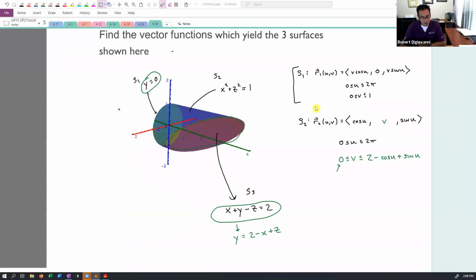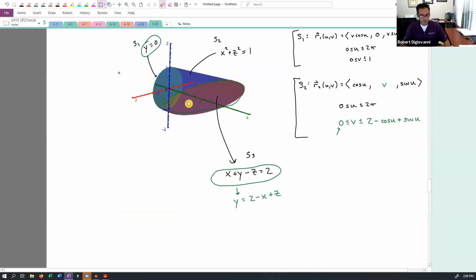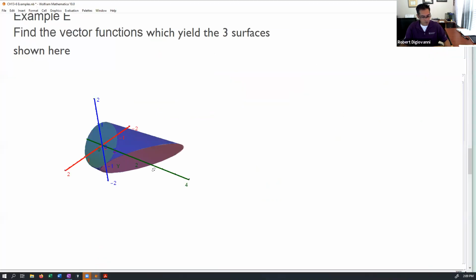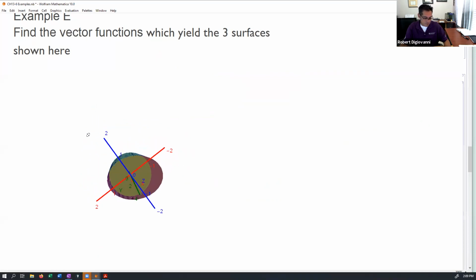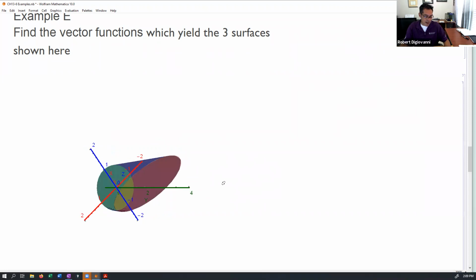Okay. 2 down, 1 to go. Okay, S3, this right here. So for S3, if you look at S3 from the front like this, isn't that the same as that back disk?